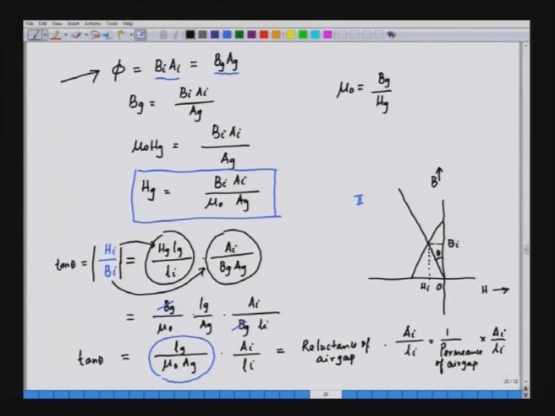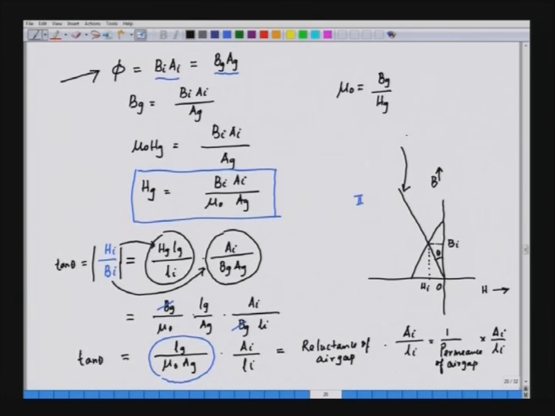So, this is equal to tan theta. So, theta is a measure of the reluctance. If reluctance is more, theta is more. If reluctance is less, theta is less. So, we call this to be the permeance line or reluctance line.